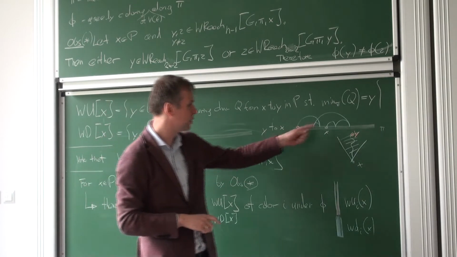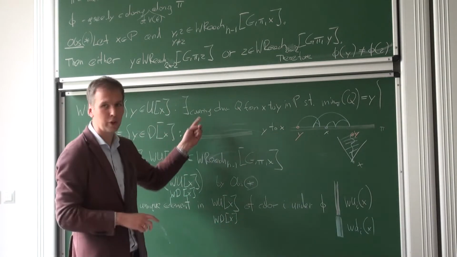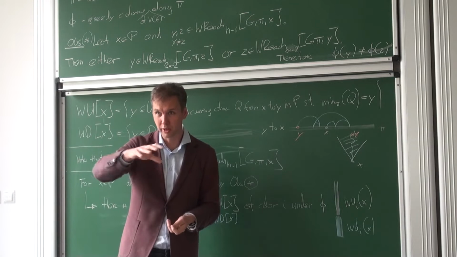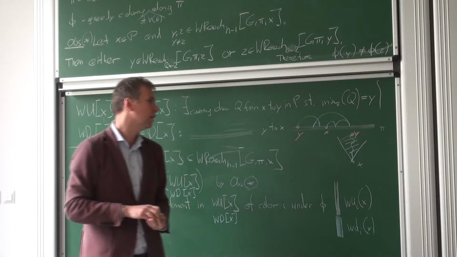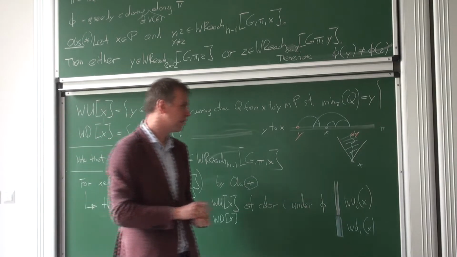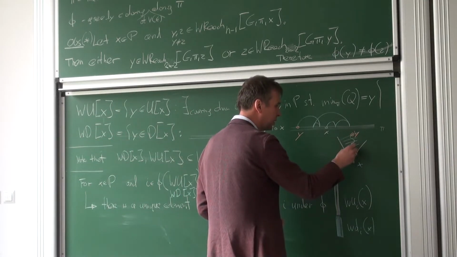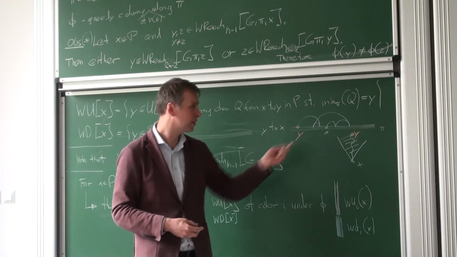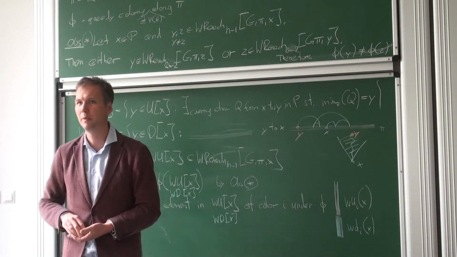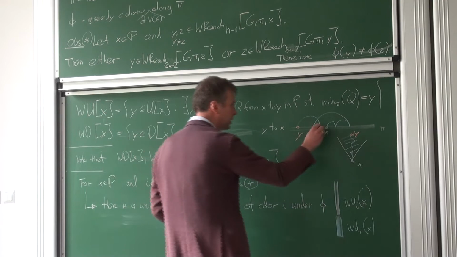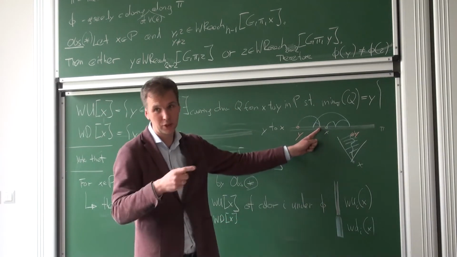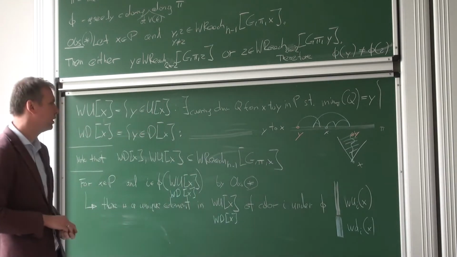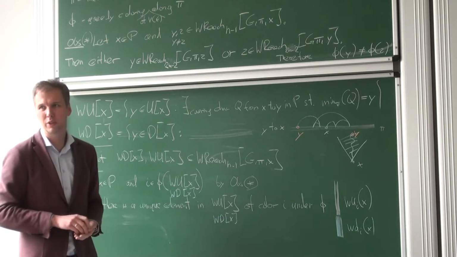So if this is how this chain projects, it's important that we take covering chains, which means that the steps we take are cover relations, so we can see this chain projecting to a path in the cover graph. As you see, not necessarily all the vertices on this chain in the upset would belong to the weak upset, because some of them, for example, are just right of x. Also, this element here is not necessarily in the weak upset. At least this chain wouldn't be a witness for that. So that's a weak upset, and you also have a weak downset, which is a pretty much symmetric definition.